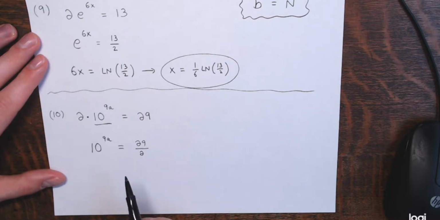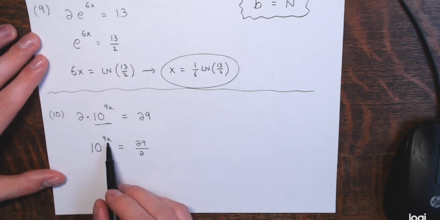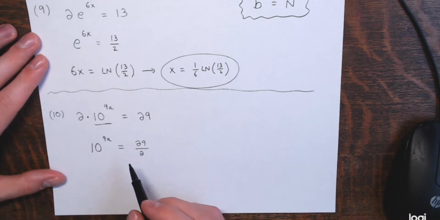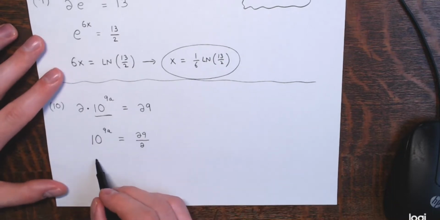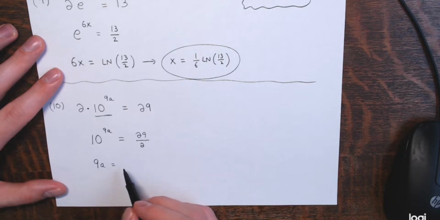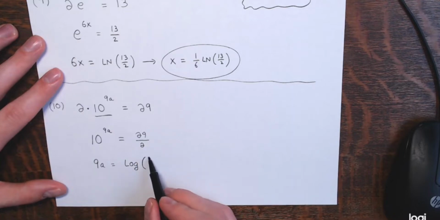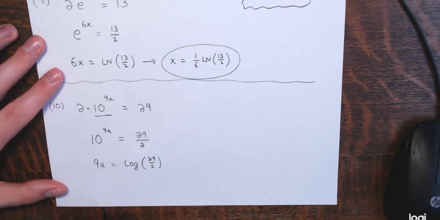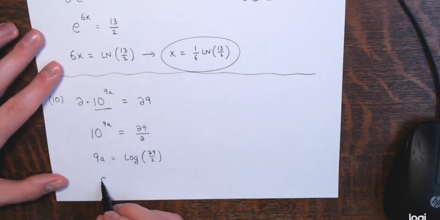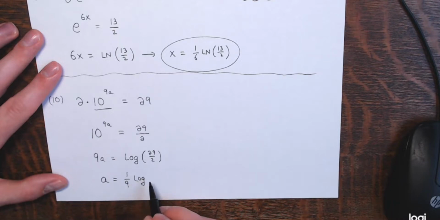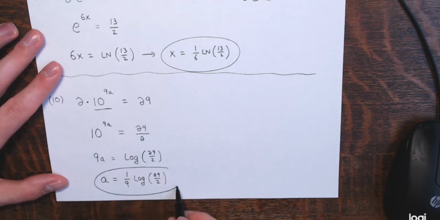Now I have what I want, base to a variable power equals some number, and I change to log form. So 9a would be the log base 10. Remember, log base 10 is just written log with no base. The log base 10 of 29 halves. And then to get a alone, I would multiply by 1/9 or divide by 9. So a equals 1/9 times the log of 29 halves. And there's your solution. And then let's check it.